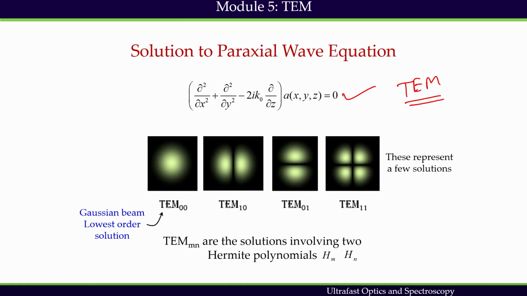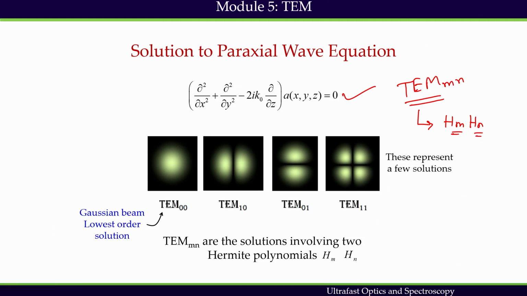This TEM is expressed in terms of two Hermite polynomials of m and n orders.